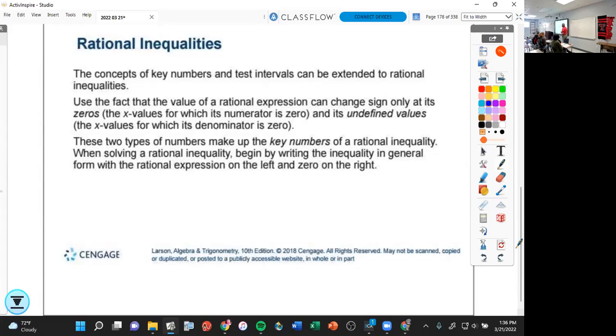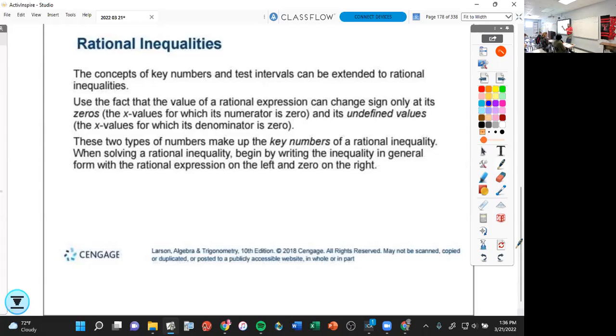Use the fact that the value of a rational expression can change sign only at its zeros. That's when the x value is 0 in the numerator. And undefined values, that's when the denominator is 0. These two types of numbers make up the key numbers of a rational inequality. We've got this infinite number line. We're going to find these key numbers to break up this number line into pieces.